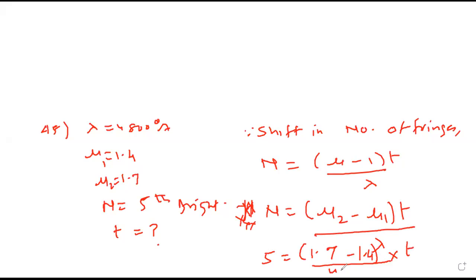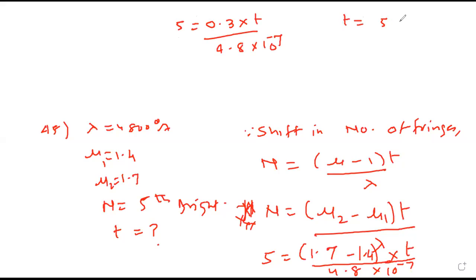Upon lambda 4800, I am converting in meter, 4.8 into 10 raised to minus 7. So 5 equals 0.3 into T upon 4.8 into 10 raised to minus 7.